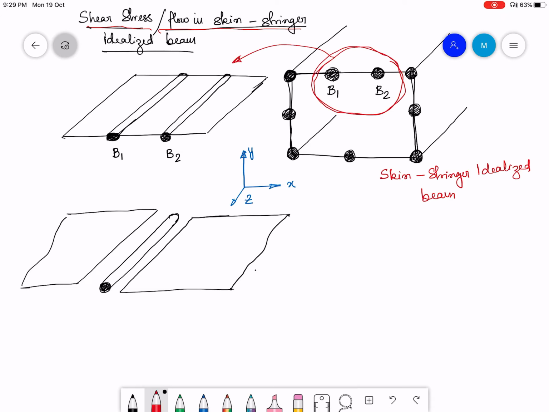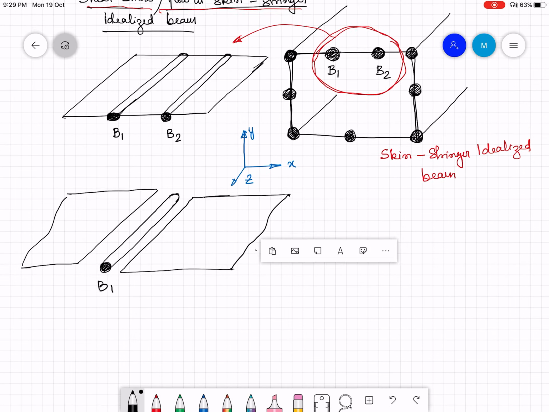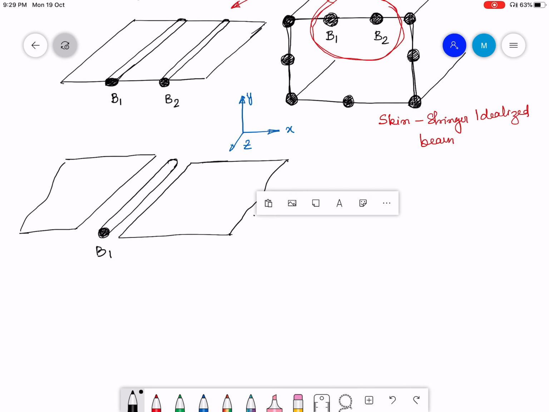So B1 and B2 are the two booms. Now if I take boom 1, and try to find out the stresses in boom 1, what are going to be the stresses?